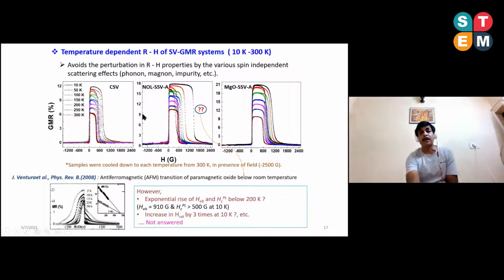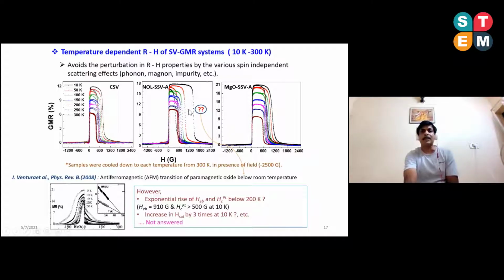But below 200K, down to 150K, 50K and 10K, the NOL, which is cobalt oxide, a simple insulator, has a crossover at 200K and shows antiferromagnetic behavior. So the NOL spin valve behaves totally differently from MgO, because MgO doesn't change; only its insulating properties change.